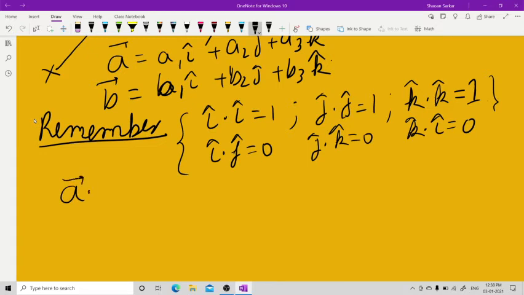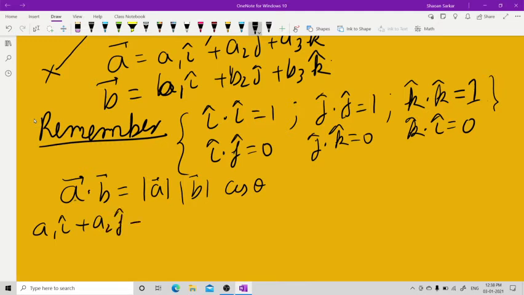See, I had A vector dot B vector as mod A, mod B, cos theta. I had written this for the dot product. Now, instead of A, you write the whole thing: A1 I cap plus A2 J cap plus A3 K cap, dot B vector, which you write as B1 I cap plus B2 J cap plus B3 K cap.